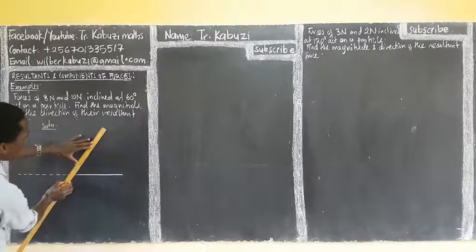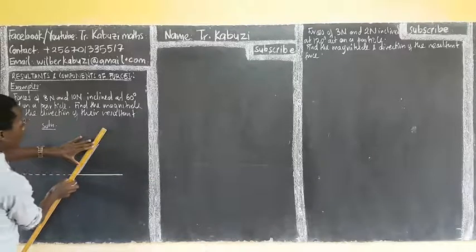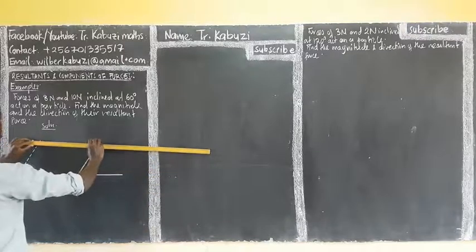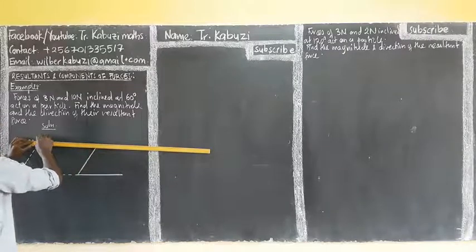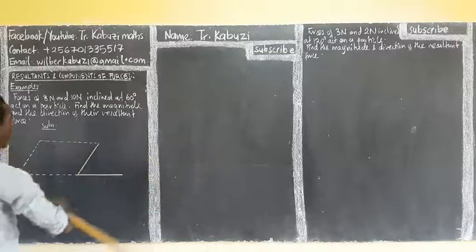The other force is going to be here. Then to have the parallelogram, this side there, then join it like this.